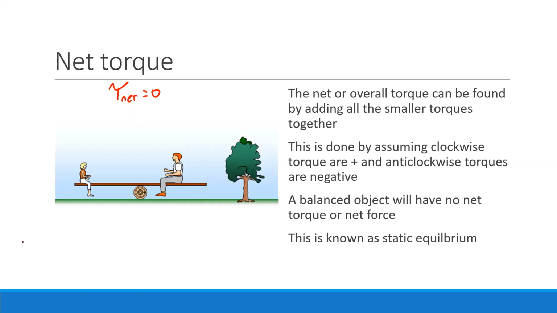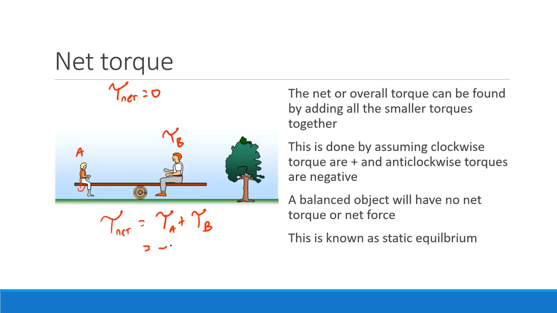How do I calculate this net torque? Well, I know the net torque is going to be the sum of the torque from A plus the torque from B. Now that torque from A, because she's pushing down here, she's making it go anti-clockwise.